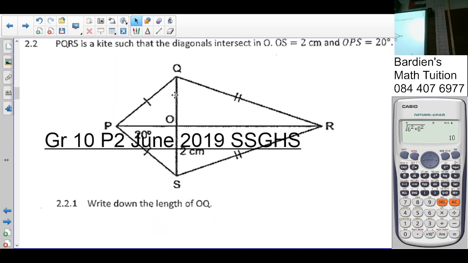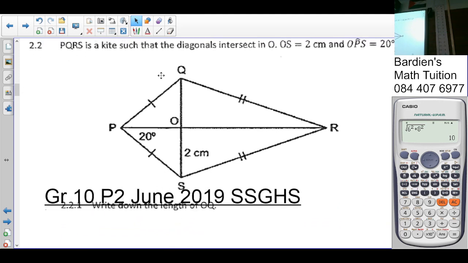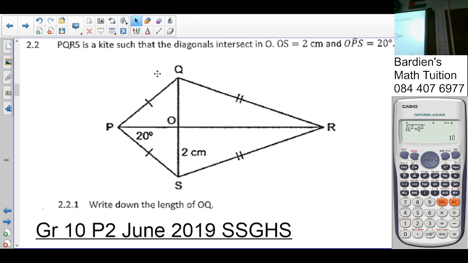The next question in 2.2, we are told that PQRS is a kite. Well, what are the properties of a kite? Two pairs of adjacent sides are equal. Yes. One pair of opposite angles are equal. Yes. The diagonal bisects the vertex angle, so that is also 20.